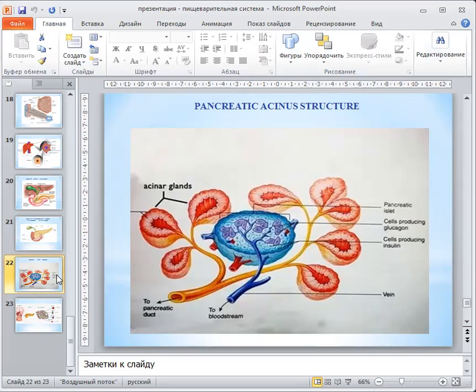Every acinus consists of exocrine pancreatocytes, which are glandular cells that produce enzymes, and epithelial cells, which form canals. These canals excrete enzymes.